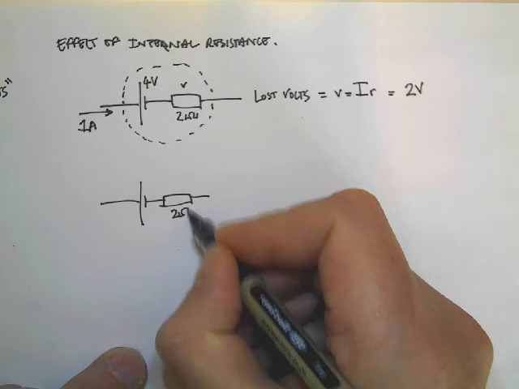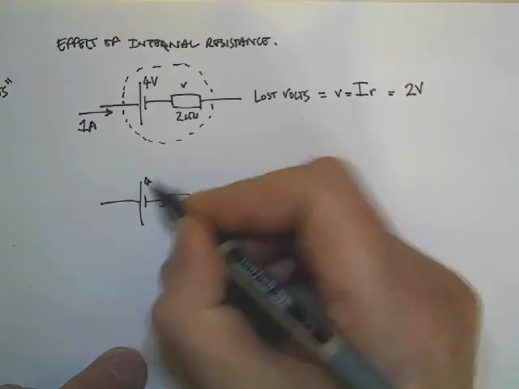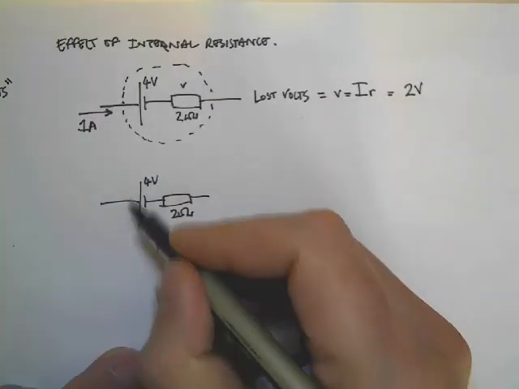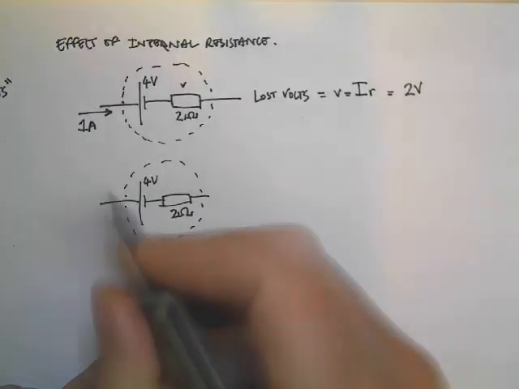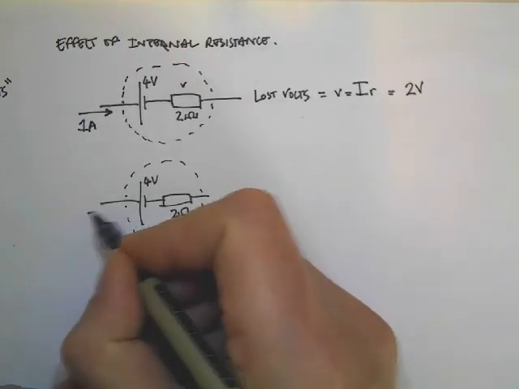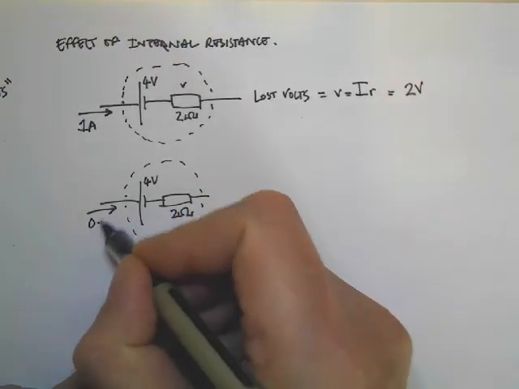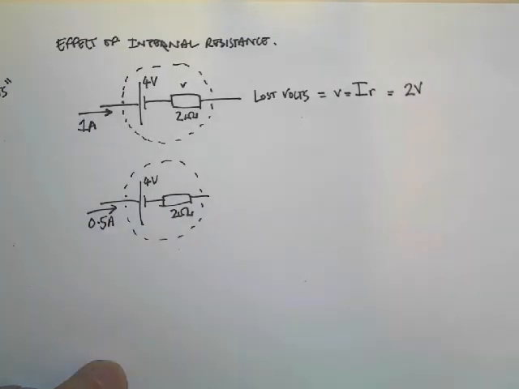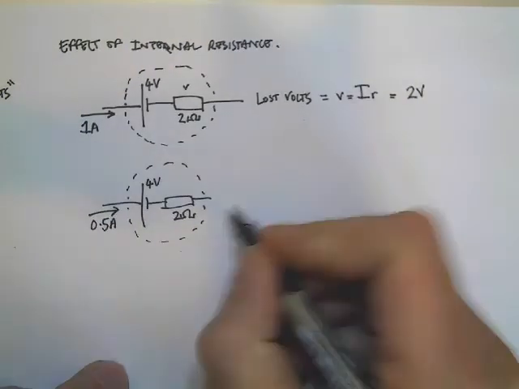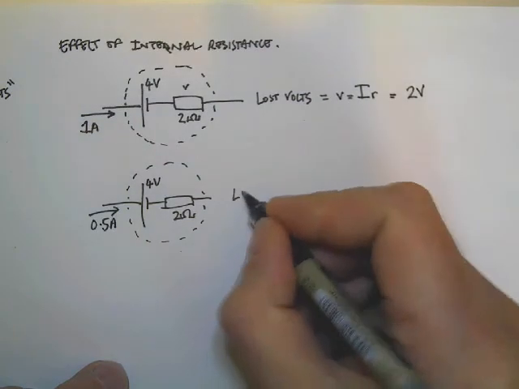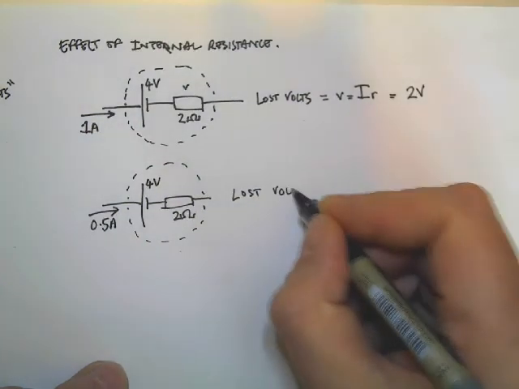Now if we change the external circuit, and I'll redraw it, so I'll draw it quickly as I can, sorry if it's a bit scrappy, same internal resistance of 2 ohms, same EMF of 4 volts, same dotted line round it, but this time let's imagine we had 0.5 amps flowing through this cell. What's going to happen then?